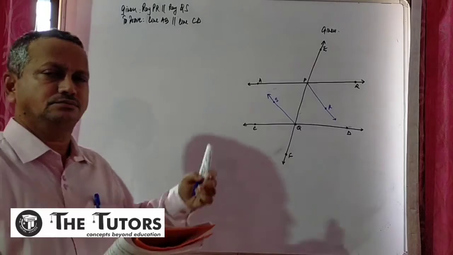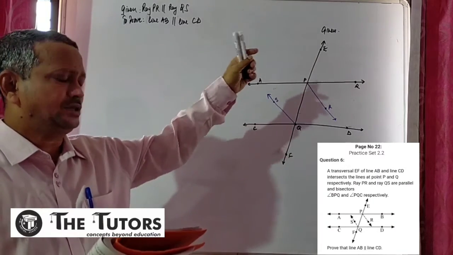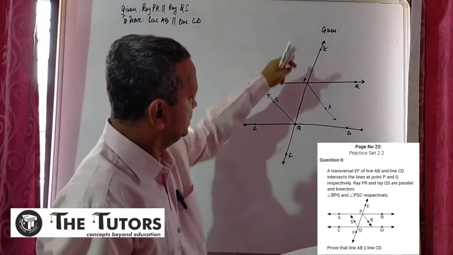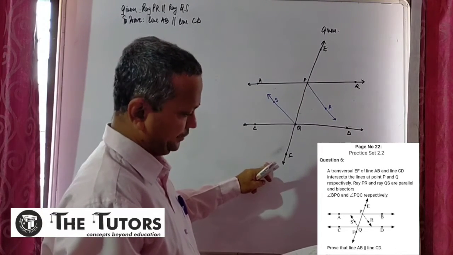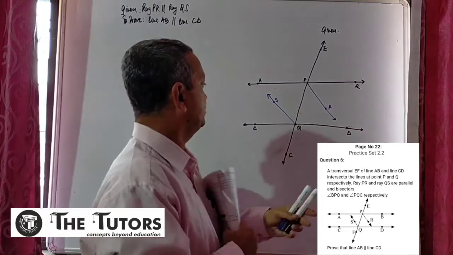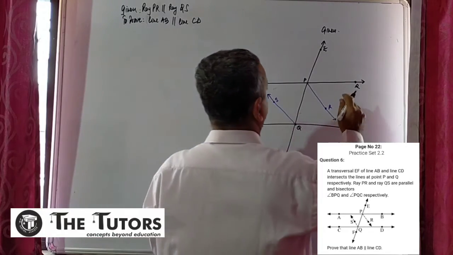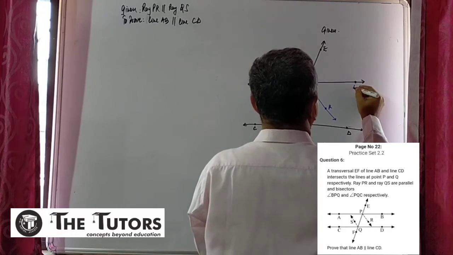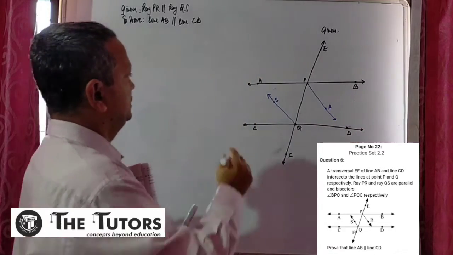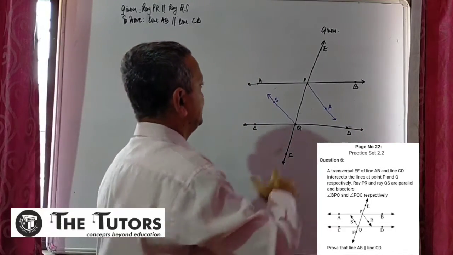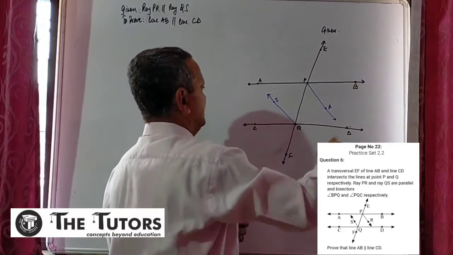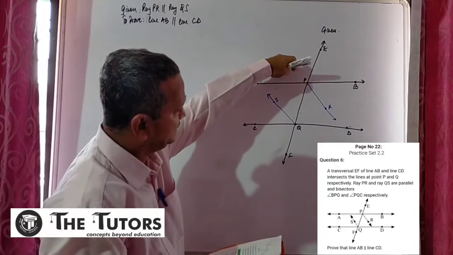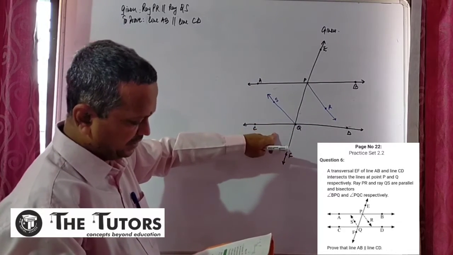Next question. Right after question number 5, question number 6. A transversal EF of line AB and CD intersect the lines at point P and Q respectively.